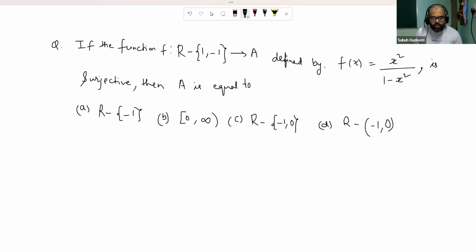Surjective means onto. Another word for surjective is onto.